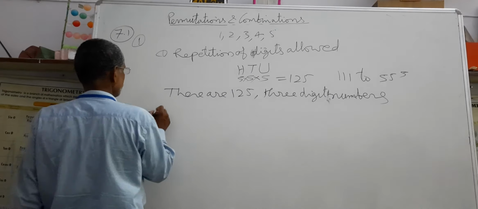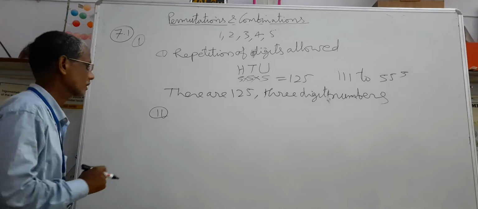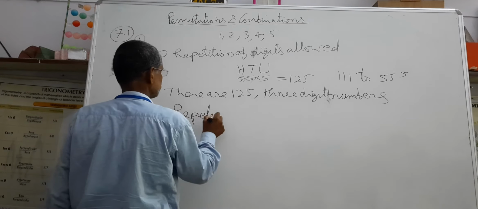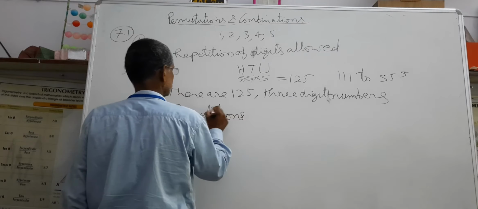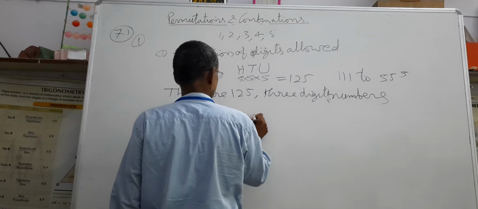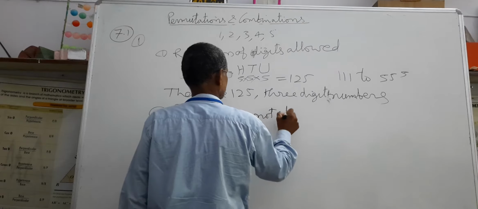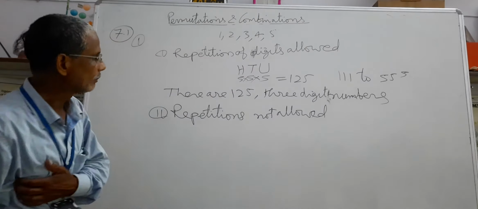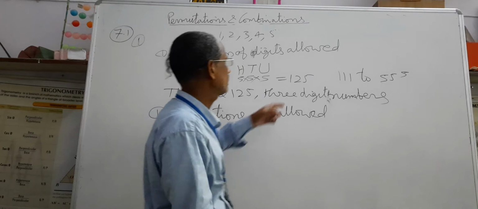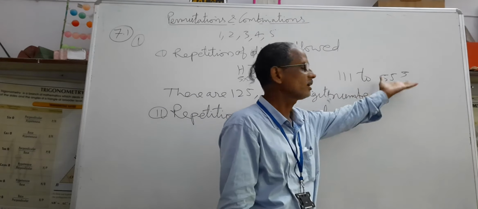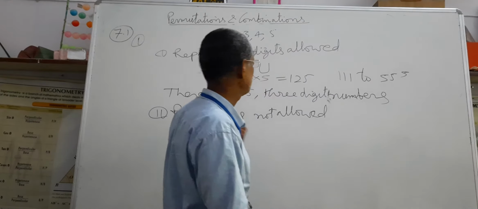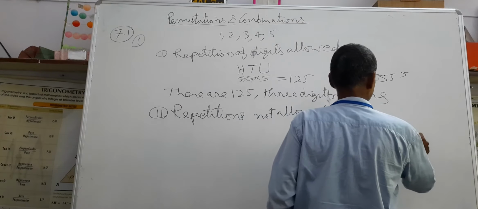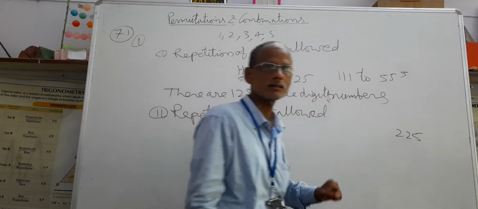Now, in the same question, second is repetition of digits not allowed. Repetition not allowed means we cannot take 111 or 555 or 222, 333, 444, or even 225.